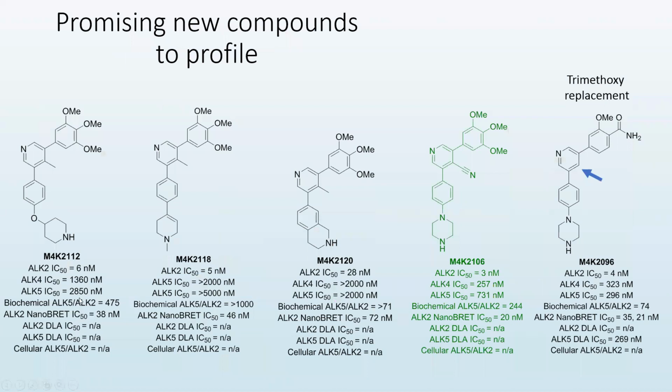The promising new compounds to profile. I think David did a great job highlighting some of these. Again, 2112, potent, good selectivity, at least in the biochemical assay. And Zhongfu, these are some of the compounds that I know you've highlighted to get the ALK5 luciferase data for. 2118 as well, I think is also interesting.